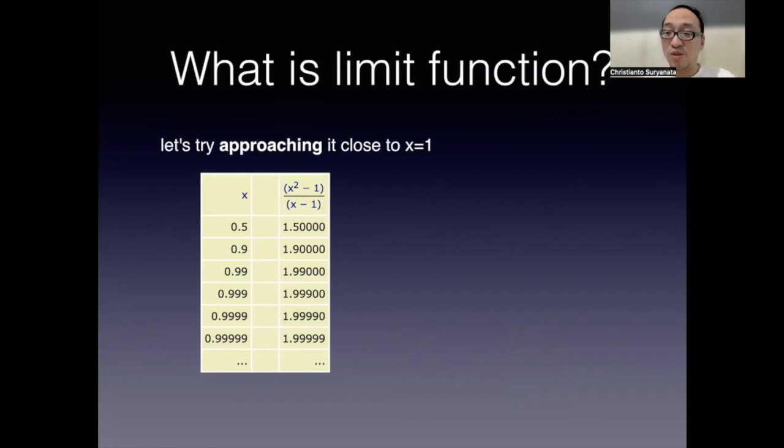As I move closer and closer to 1, 0.99999, the value is 1.99999. And if you see the trend, as x approaches 1, the value of f(x) is approaching the number 2.